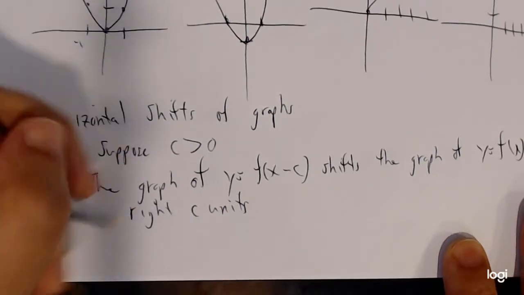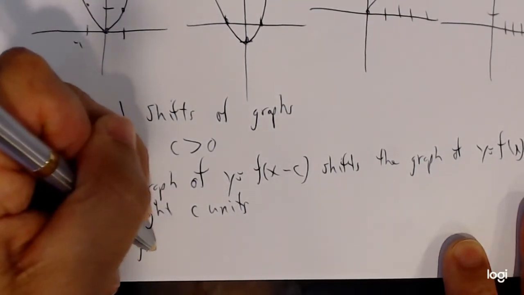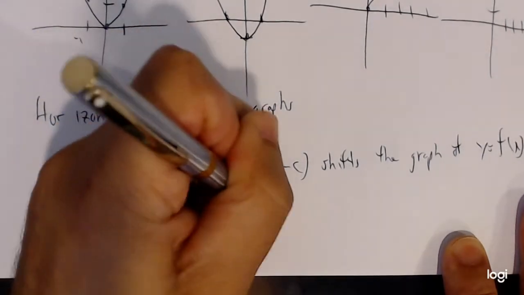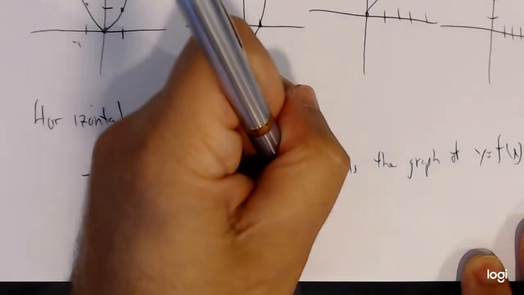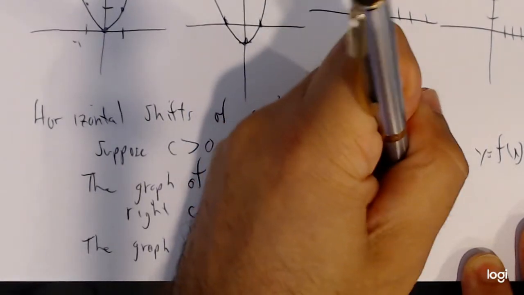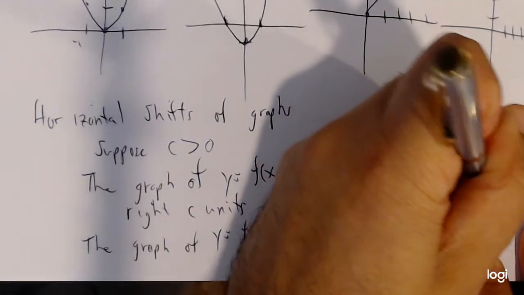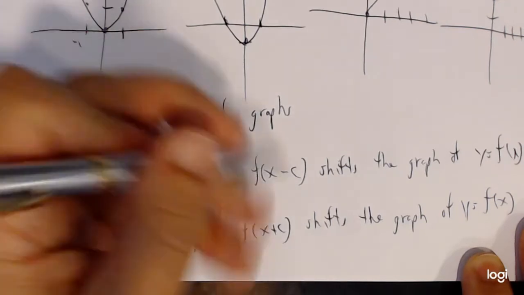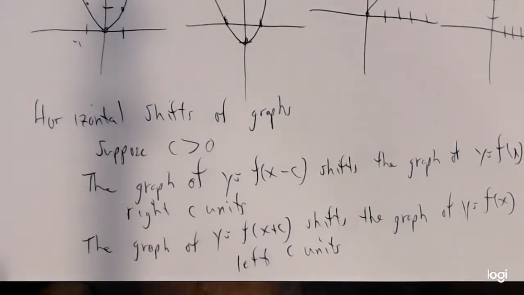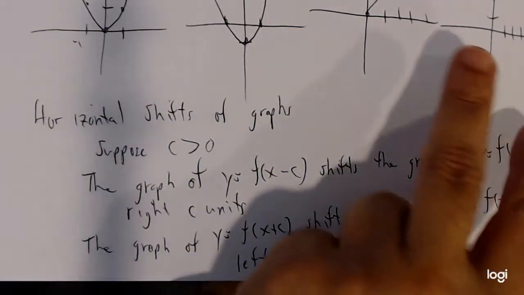Okay, and then we would say the graph of y equals f of x plus c shifts the graph of y equals f of x left c units. Okay, so now that we have our horizontal shifts, let's look at our next example where we'll be creating these transformations.